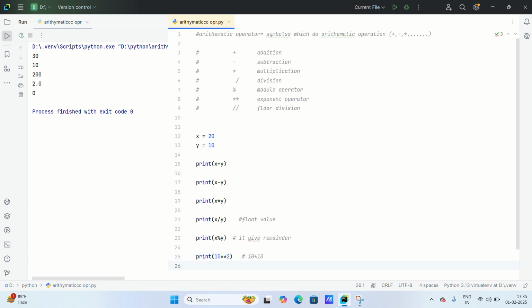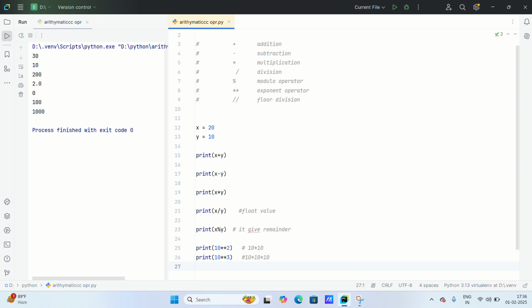If it is print 10 two times into 3, then it will work as 10 into 10 into 10. So the exponent operator is like, if you have to find the square, this is square and this is cube. So for this code it will return the value 100, and for this code it will return the value 1000. As you can see, 100 and 1000.